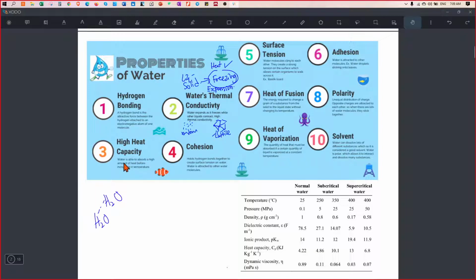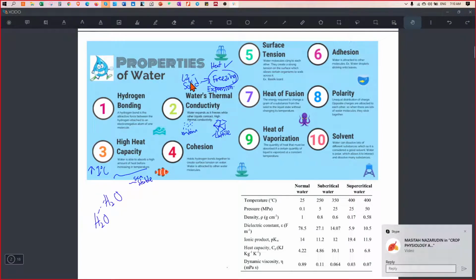Water also has a high heat capacity, meaning that in order to increase the temperature of water by 1 degree Celsius, a high amount of heat, a high amount of energy, is needed. That's why the temperature of the sea is somewhat stable.